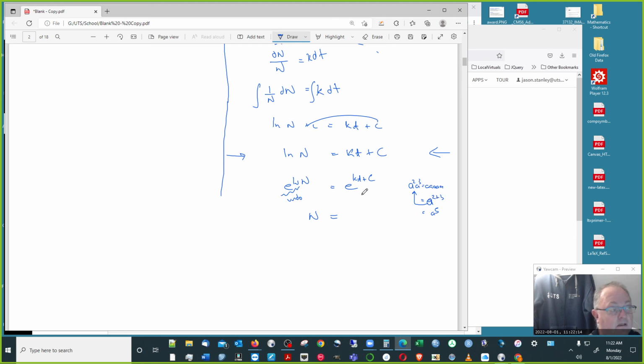So the expectation here is that you now generate 2 e's. One of them will have the kt, and one of them will have the c. Now the convention is that this remains a constant, and it's usually the constant a.